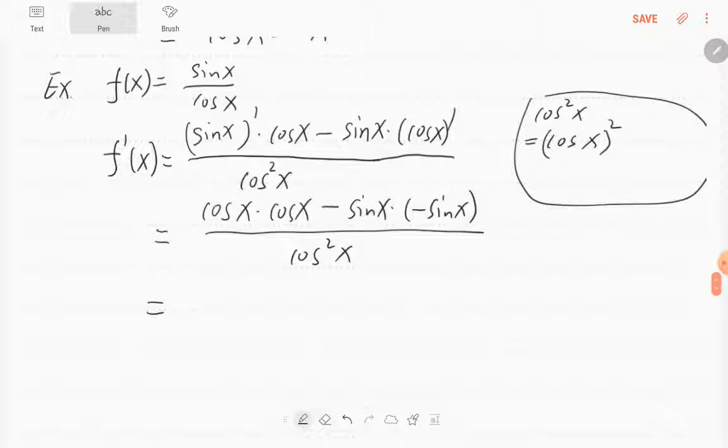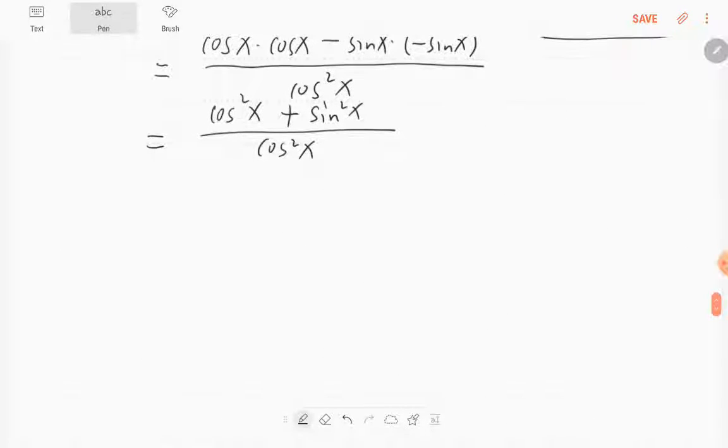So this would be cosine square plus sine square, divided by cosine square. Here is a very famous trig identity: cosine square plus sine square equals 1. So it's 1 over cosine square. If we want to write it as the secant, this would be secant square.